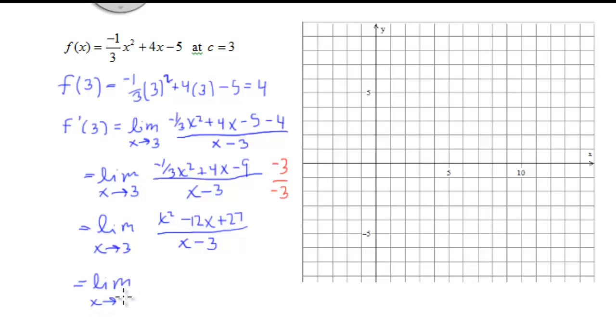But to continue, the factors of x squared minus 12x plus 27 are x minus 9 and x minus 3. Oops, I forgot the negative 3 down here. Hopefully you didn't stop before you figured that out.